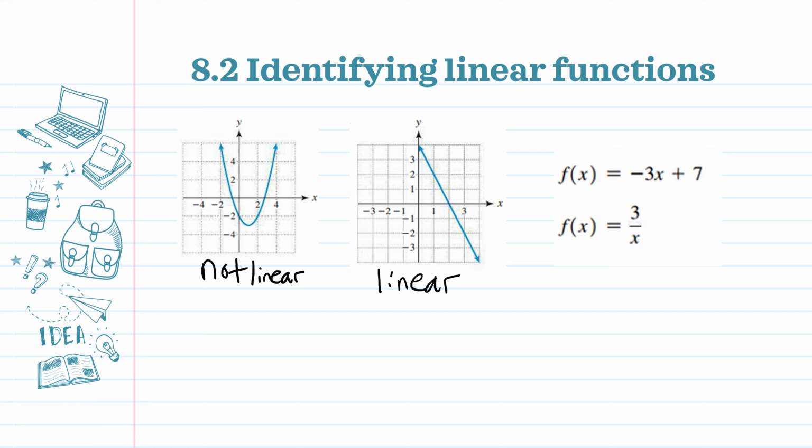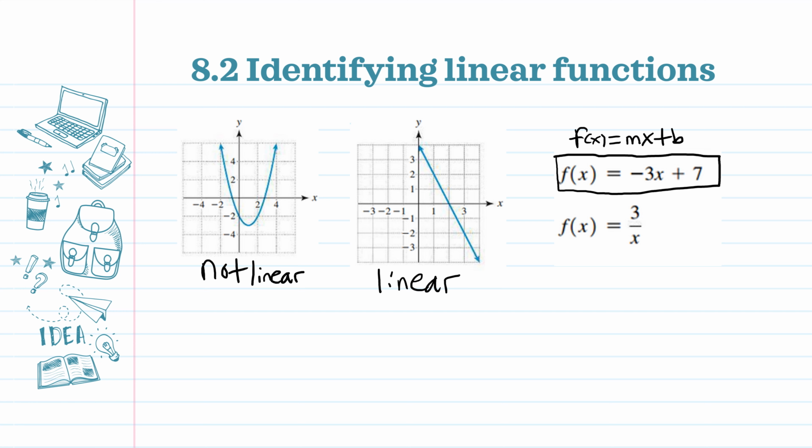Now, sometimes they might give you functions, and you have to tell by the function whether or not it's linear. If I look at this one here, f of x equals -3x plus 7, if you notice, I have a first degree term here, and it's also in the form of f of x equals mx plus b, where m is the slope of the line, b is your y-intercept.